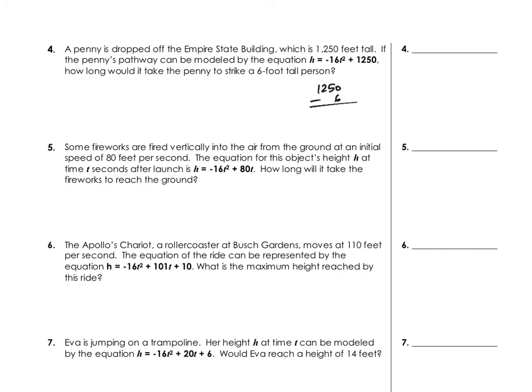Because if it's going to hit him on the head, it doesn't have to go all the way to the ground. So that's going to be 1,244 feet. All right, so we're going to set the equation up like this.